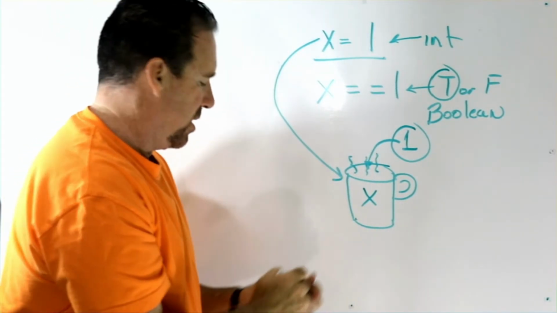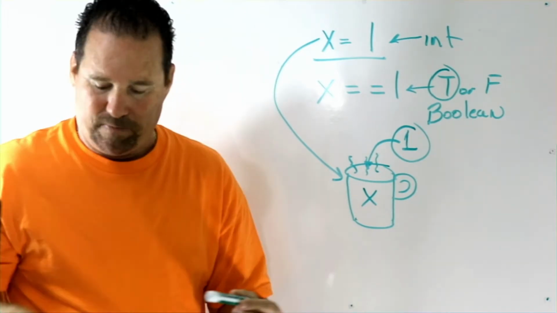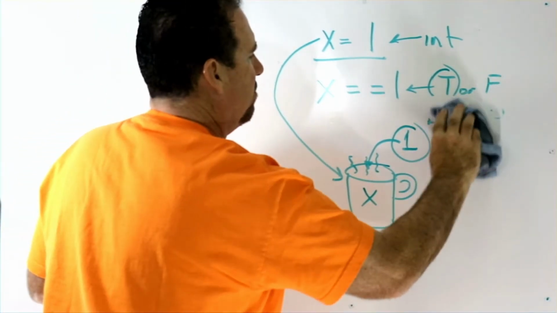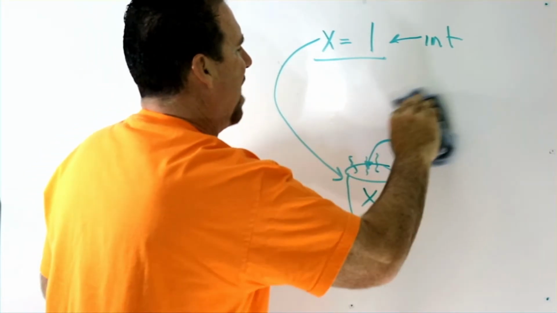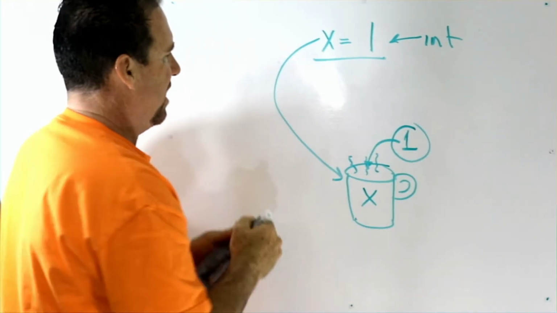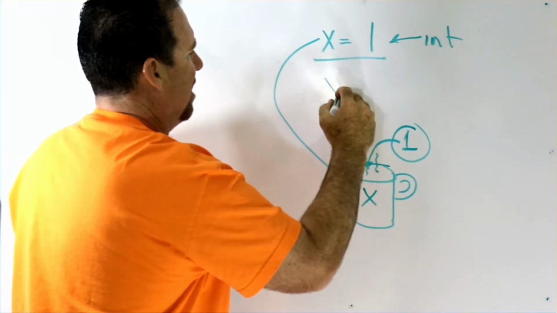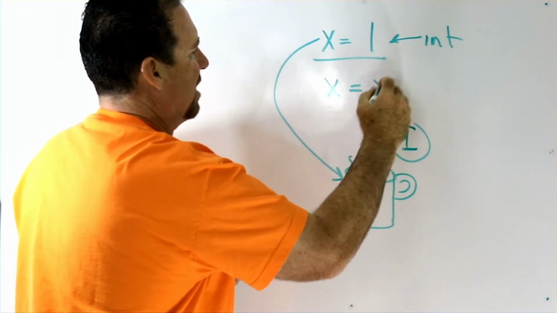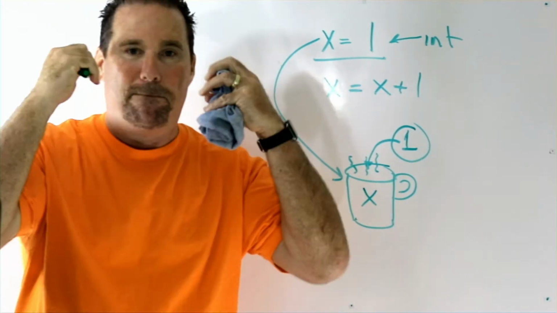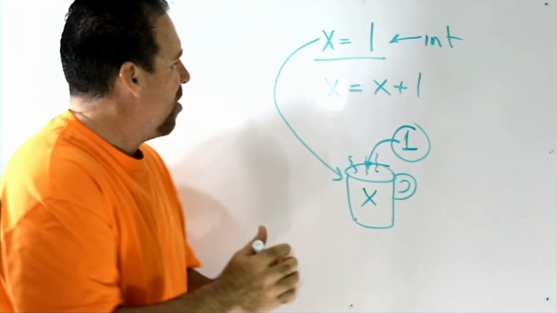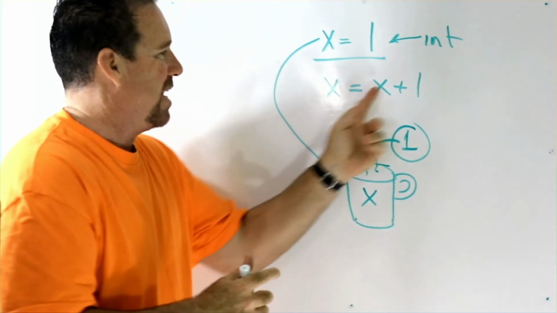Now, here's the thing that will really toil with your math teacher. What if I did this? X equals X plus 1. Boom. Their head explodes, like, wait, what? X equals 1, how can X equal X plus 1?